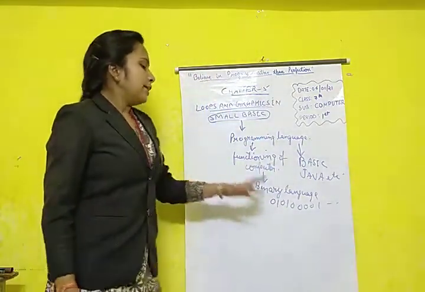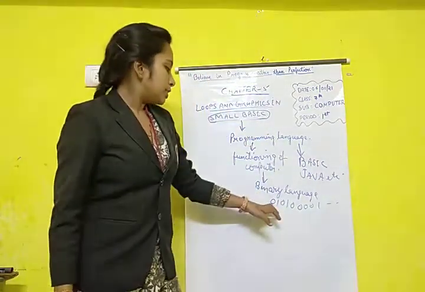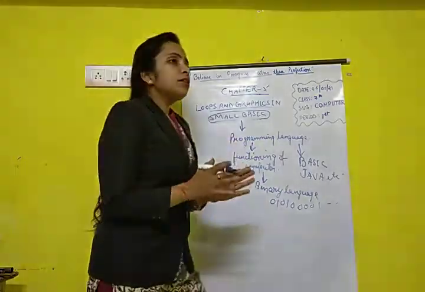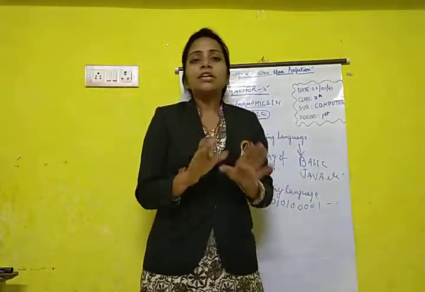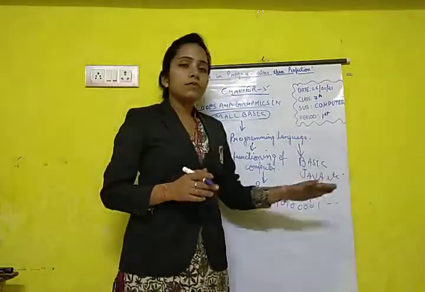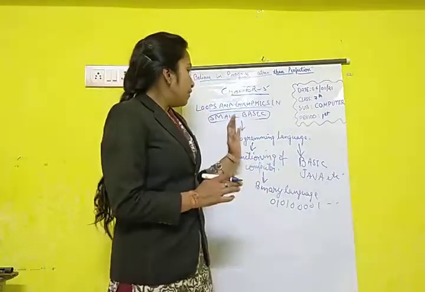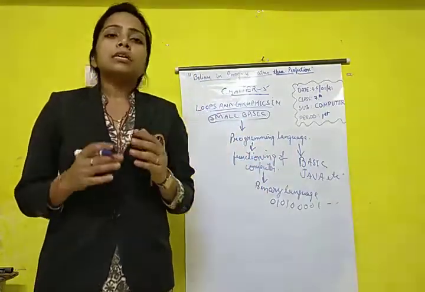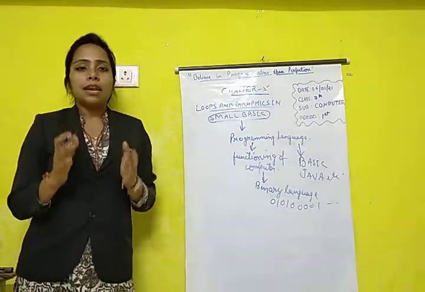Only 2 digits. It understands only 2 digits, 0 and 1. So, it is not possible for us always to write things in the 0, 1 format. So, when we need to make programs in the computer, we use a particular programming language.